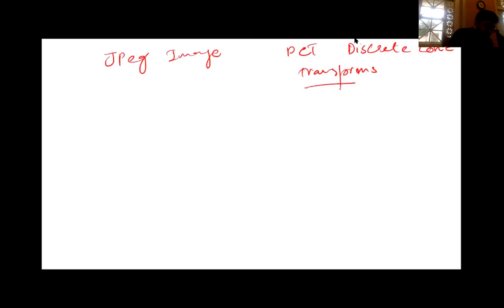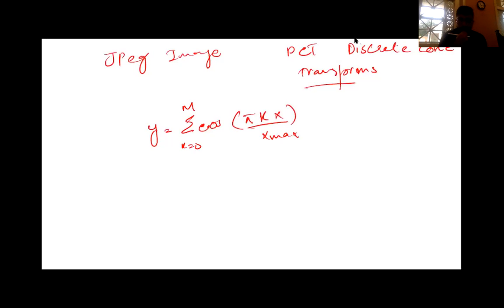So what are DCT transforms? We already saw the cosine transforms. When we have 1D data, y was the summation over k equal to 0 to m of cosine of pi k x by x max. This is in 1D. In 2D, if y is 2D data, I'll call it y of u and v to represent that.